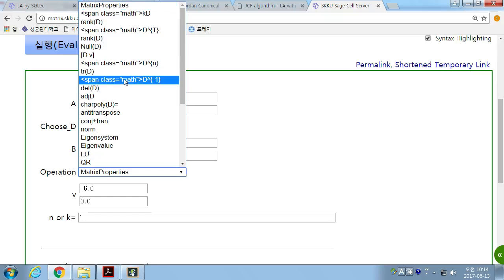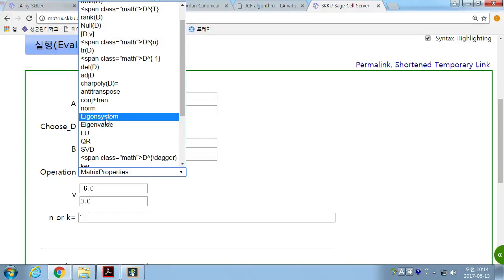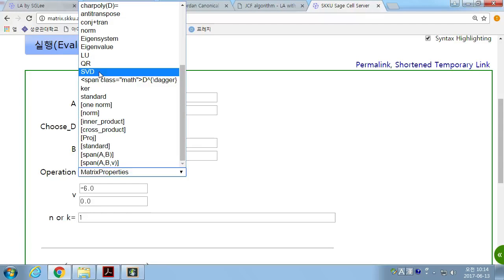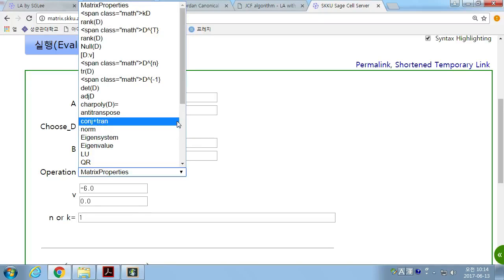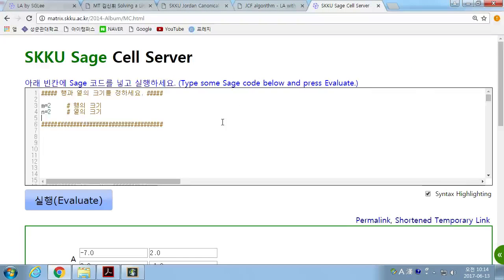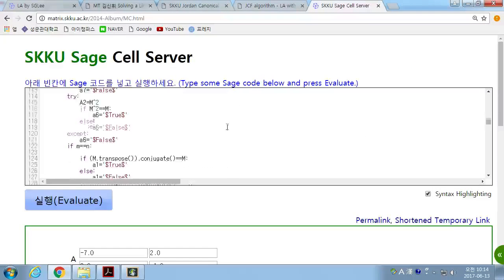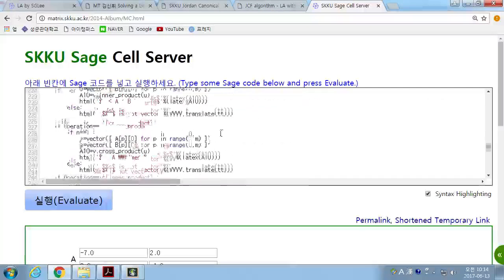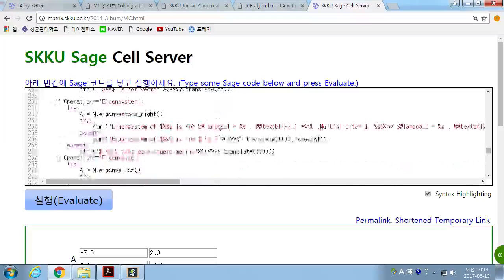Anyway, this is the matrix computational tool for finding lengths, determinant, characteristic polynomial, eigenvalues and eigenvectors, LU, QR and SVDs, and projections. Most of the things that I cover here. So you can see the code in here for when you need to modify it for others.